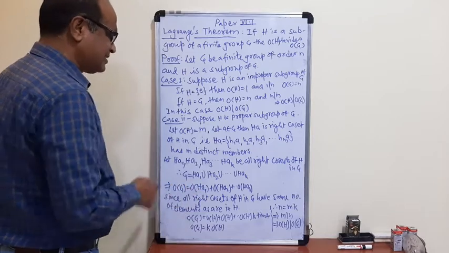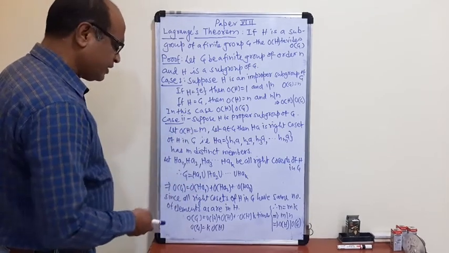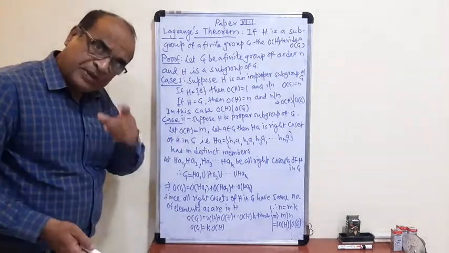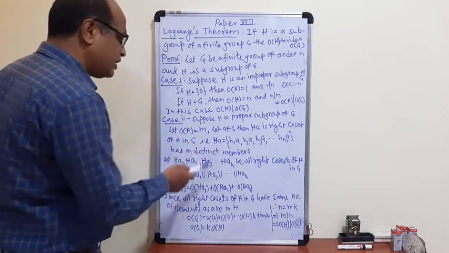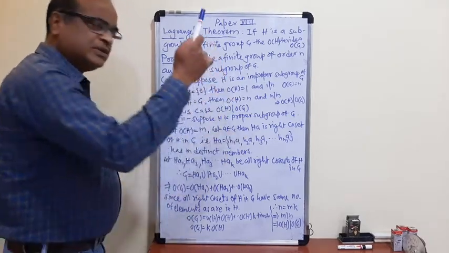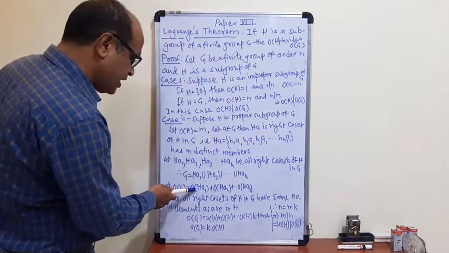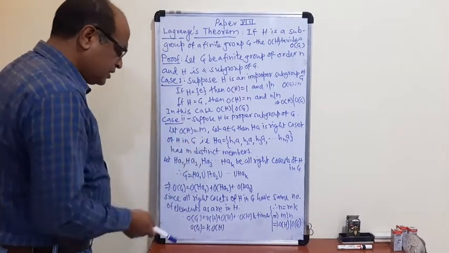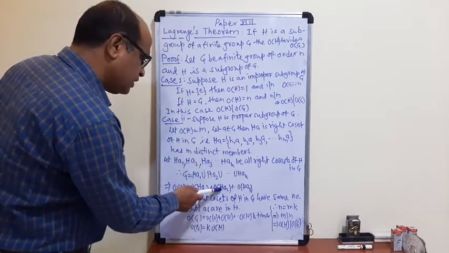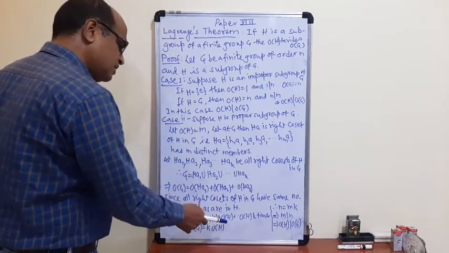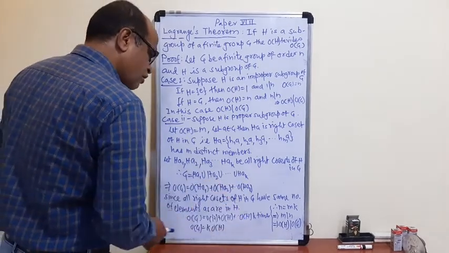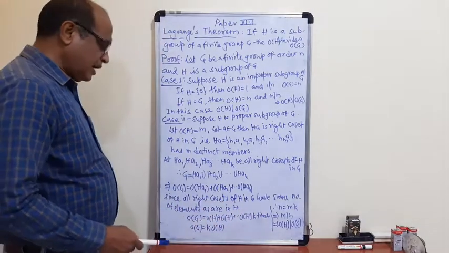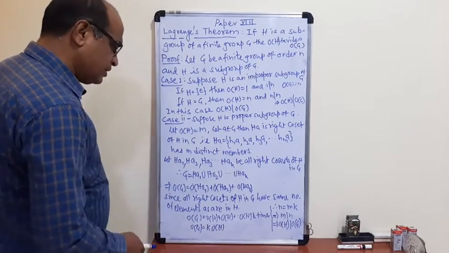The order of H is m, and the order of the subgroup H and the order of a right coset are the same. What is the order of Ha1? It is nothing but the order of H. The order of Ha2, this right coset, is also the order of H. This happens k times.